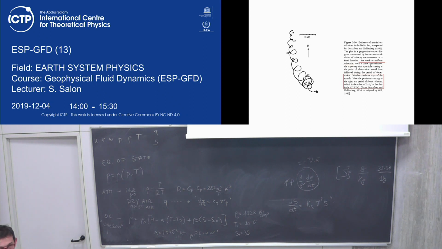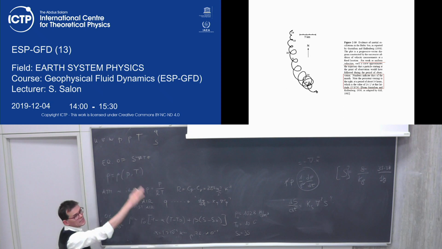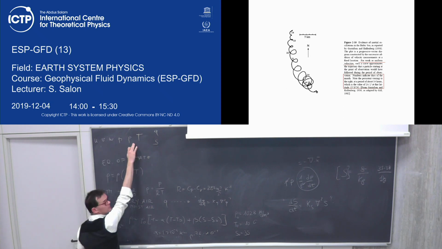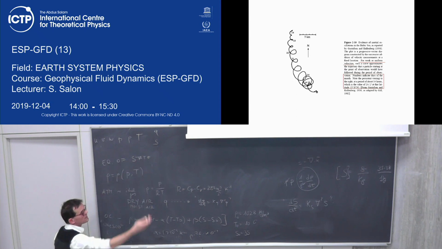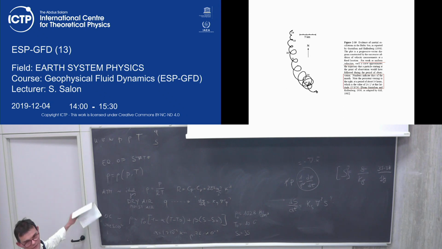So we found Coriolis. After Coriolis, we started to go deeper and find which are the equations. The Navier-Stokes equation has 3 components because it's a momentum equation, U, V, W. But in the 3 momentum equations, we had 5 unknowns.